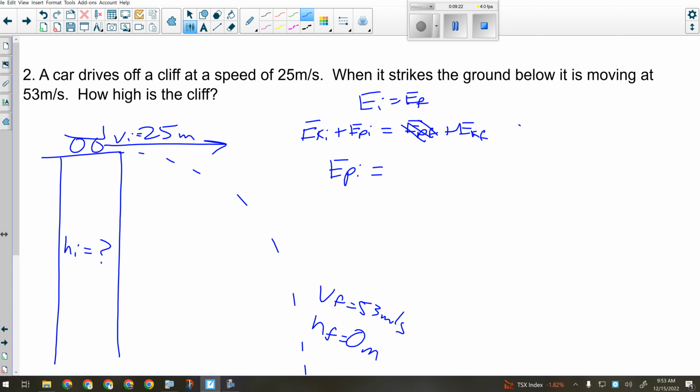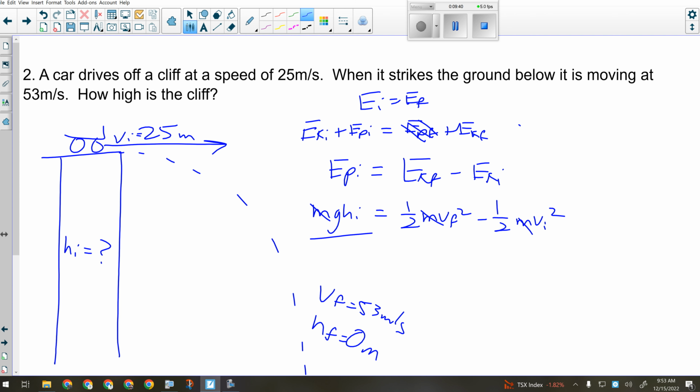So I got EP initial equals EK final minus EK initial, right? And then we can go m times g times h initial equals 1/2 m v final squared minus 1/2 m v initial squared. The m's will cancel as they always do. Divide both sides by g. And now we're solving for hi.